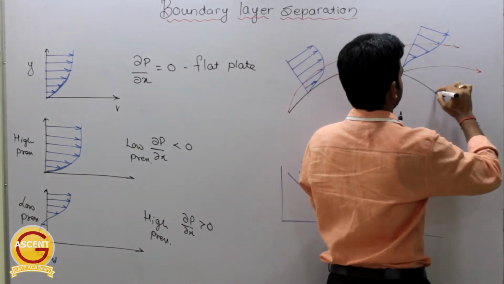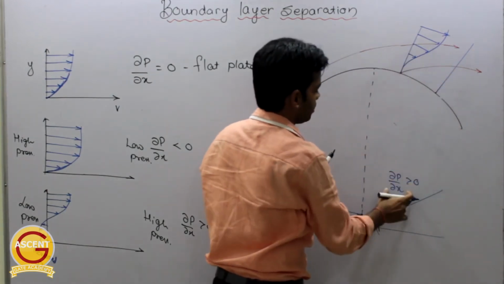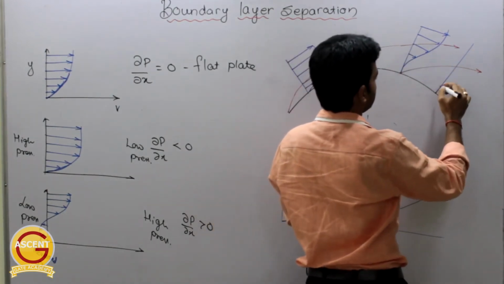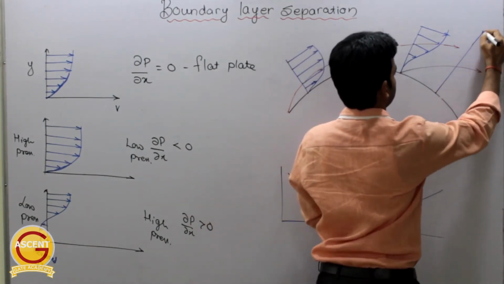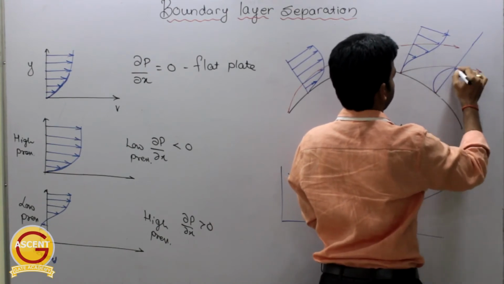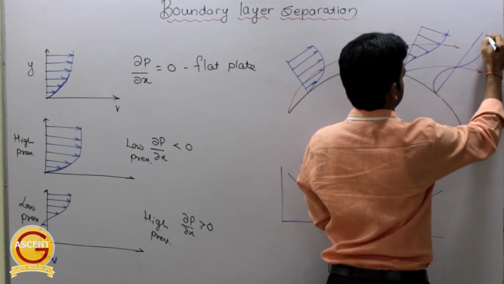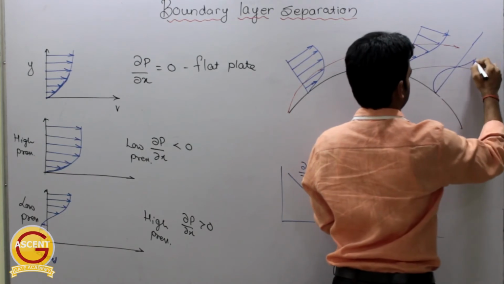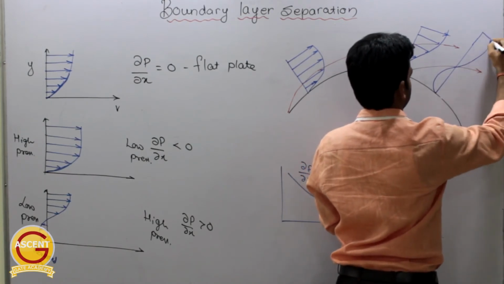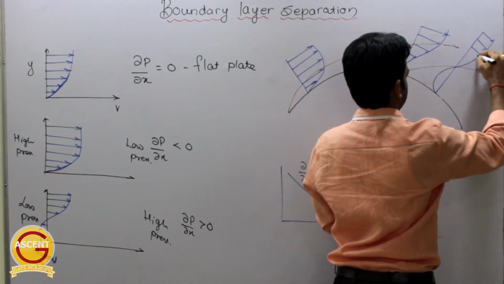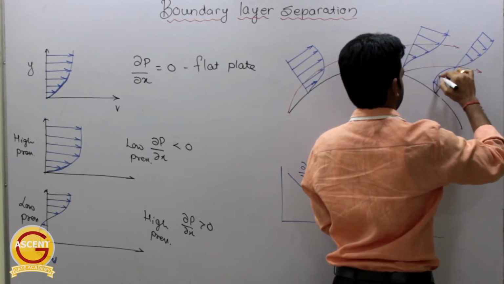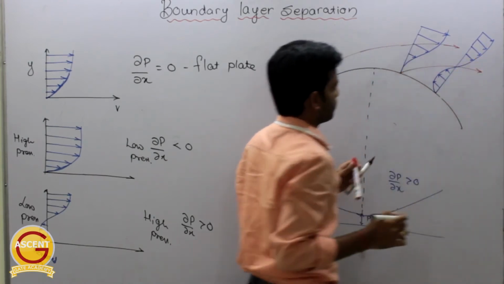Okay, now if I draw the velocity profile at this particular point, how will it be? Because in this region del p by del x is greater than 0, the velocity profile will be like this. Getting this?